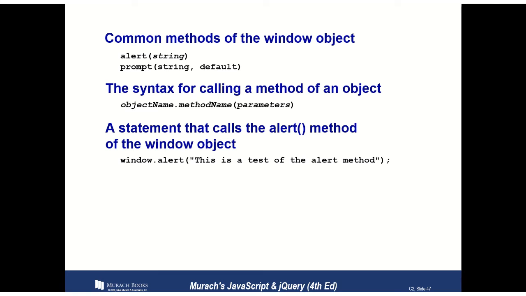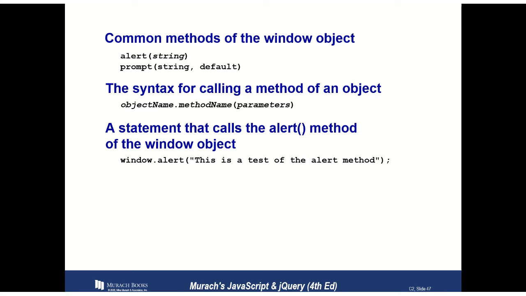And then also you can see the prompt. The syntax of calling a method of an object is: you write the object name, dot, method name. So there, the statement calls the alert method of the window object. Let's say window is an object. It may not be a real object, I'm just saying it as an example.